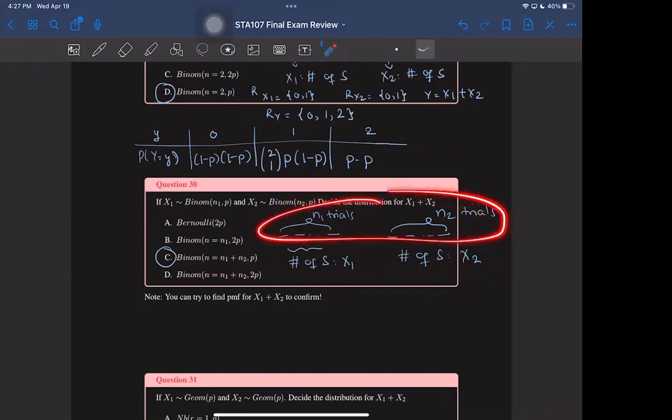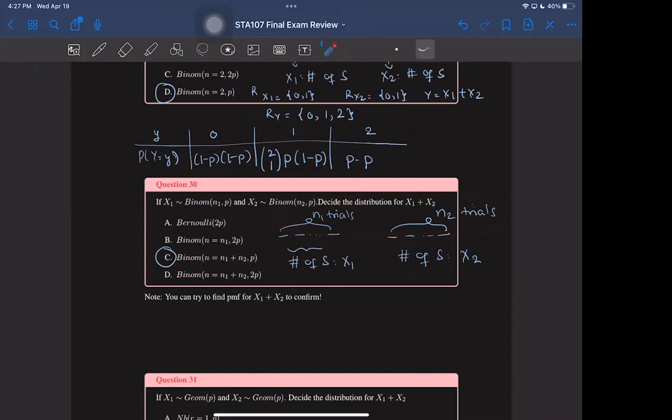And how many trials do you have here? You have n1 plus n2, right? You have n1 plus n2 trials in total, and the probability of success in each trial is also p. Therefore, the total number of successes in n1 plus n2 trials follows a binomial distribution. It is exactly the description of the binomial distribution.